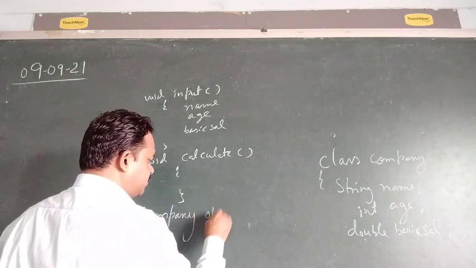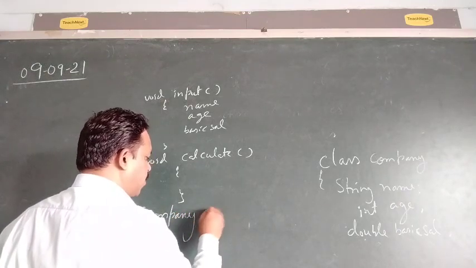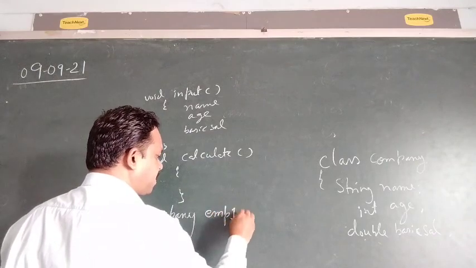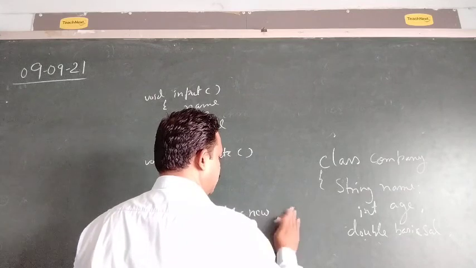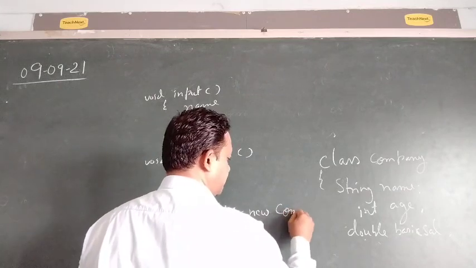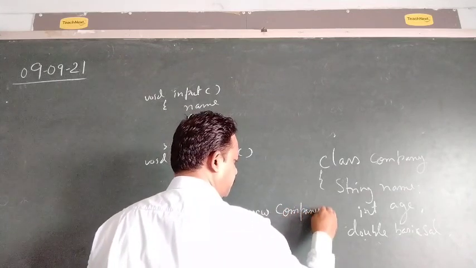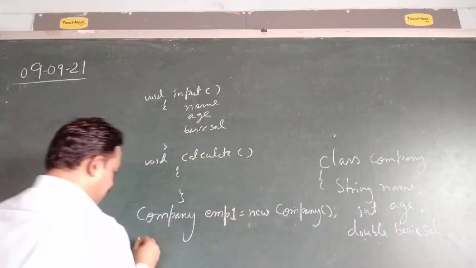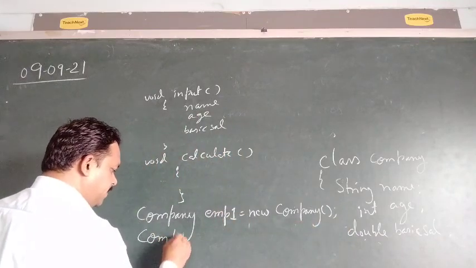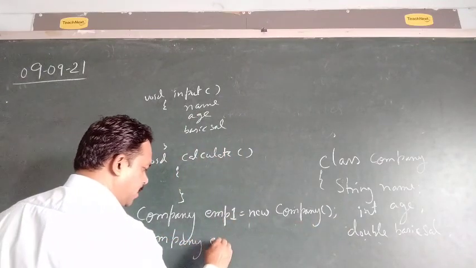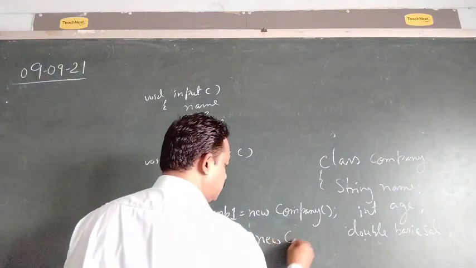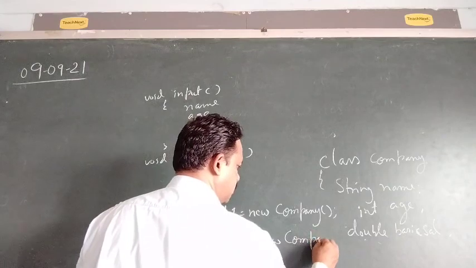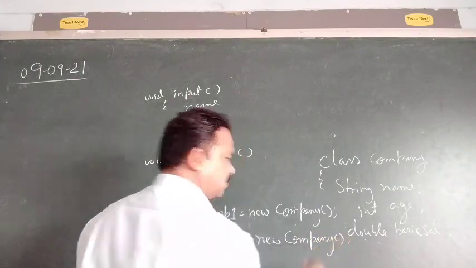Then we give the object name, suppose OB1, or you can say employee1 equal to new company. We can make another object also. Company employee2 equal to new company.